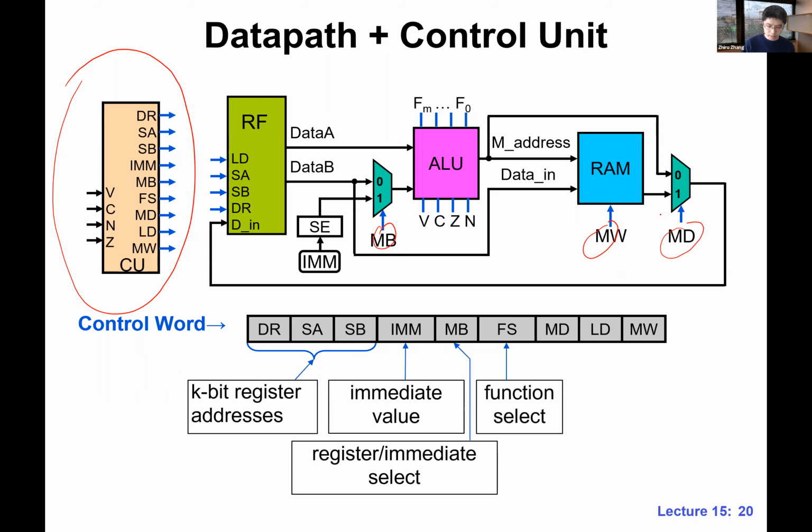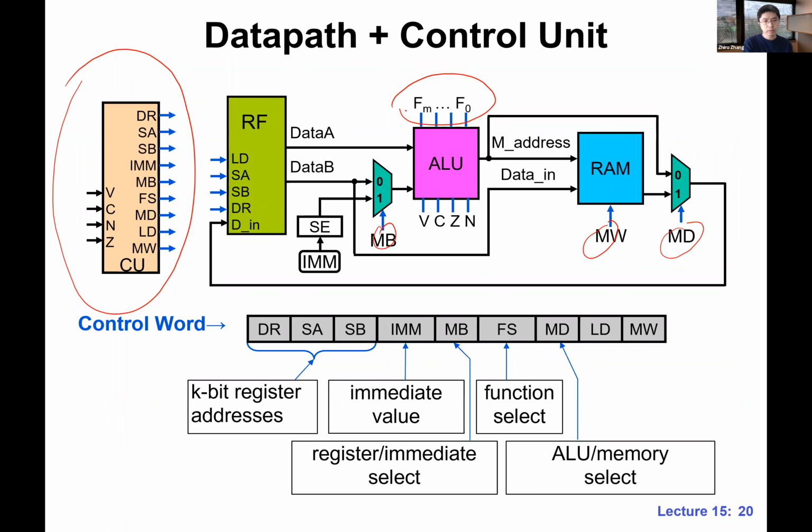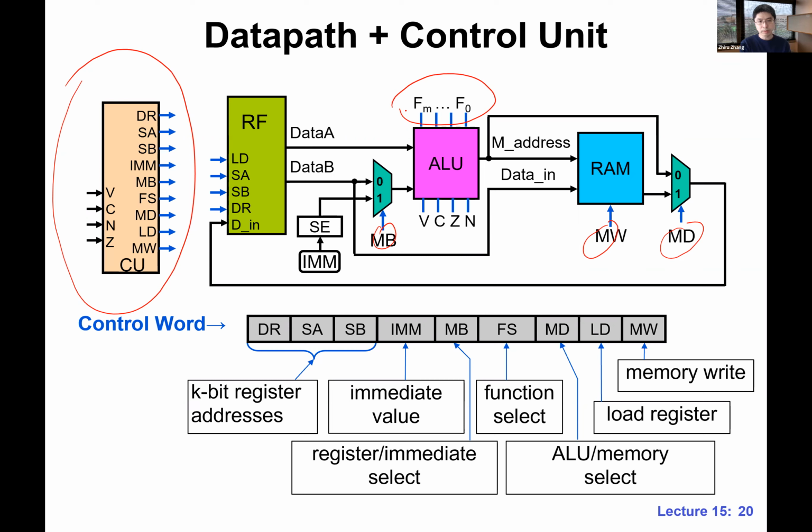FS is just the opcode for the ALU. MD is where we take the path, right? We either take the ALU output or the memory output. And LD is the write enable for the register file. And MW is the write enable for the RAM, the data RAM.